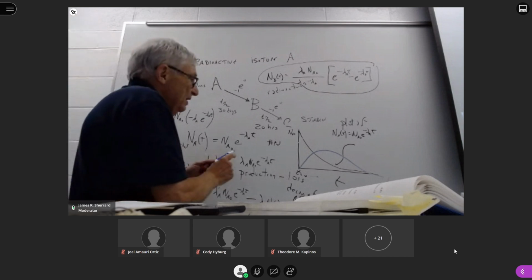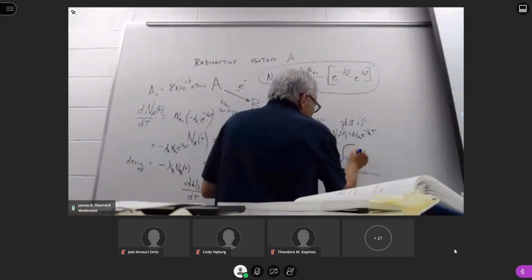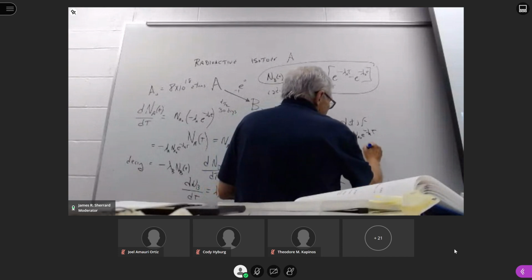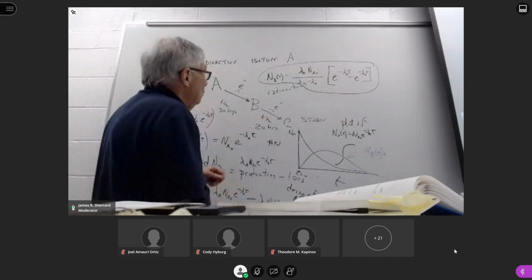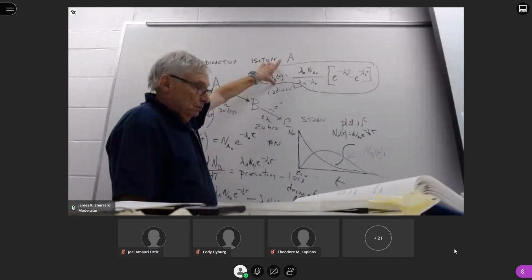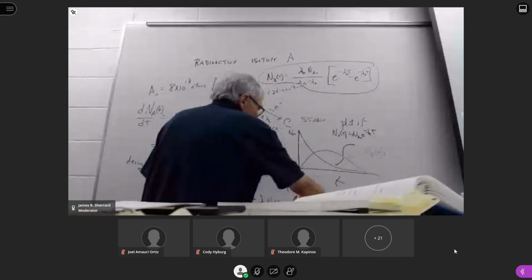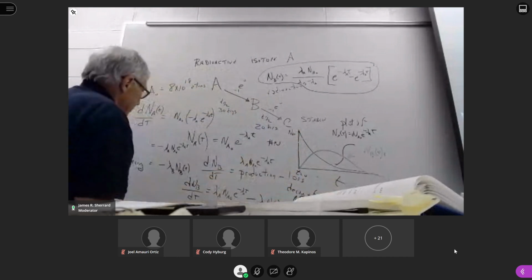So, this is the plot of B with respect to time, which is this equation. Okay? You then might say, what's going to happen to C's?